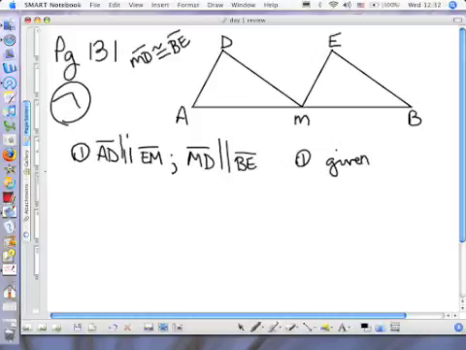Now remember, once we make a statement, it's like the if-then statements. If AD is parallel to EM, what can you come up with?